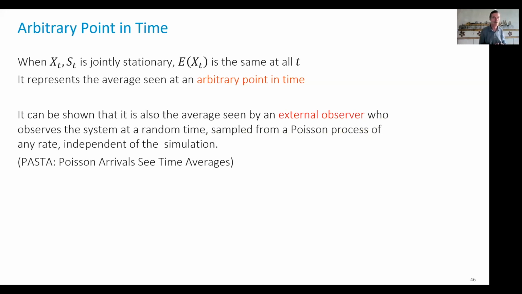So for example, if I say on average, I sample every second, so I have one observation every second, then I can have a Poisson process with rate lambda equal to 1 that is well defined. Of course, it will be random. I do not know exactly at which points in time I will sample the system, but I know that I will have on average 1 second between two samplings, and the distribution between two consecutive sampling times will be exponentially distributed with mean 1 second.